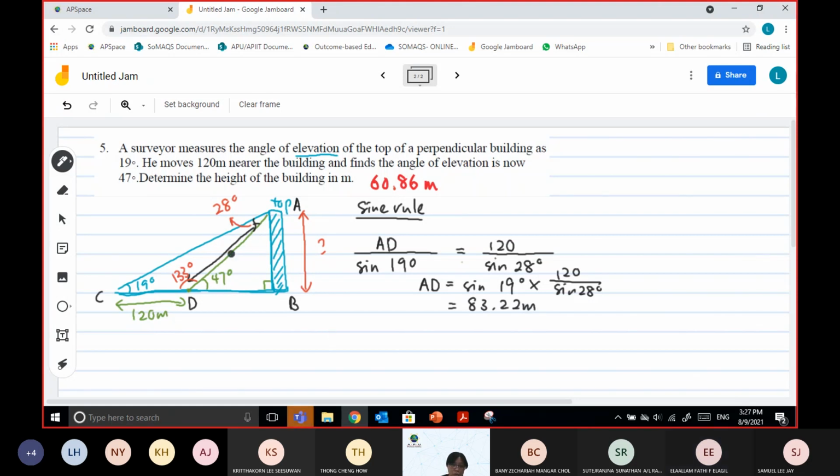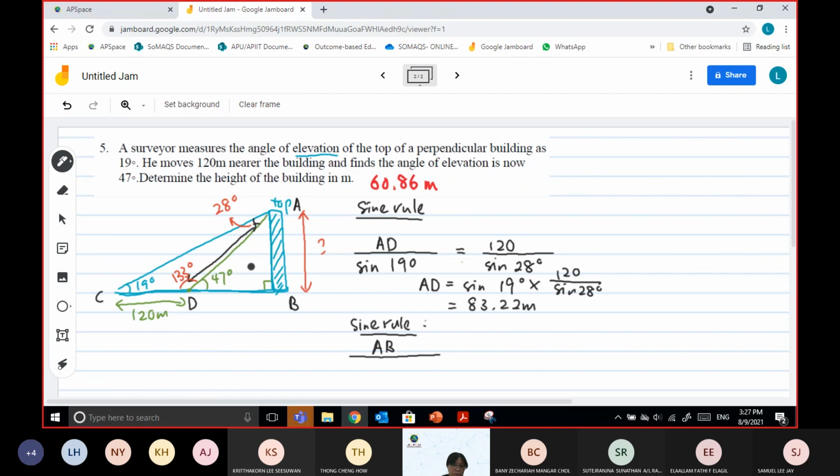So I get 83.22 meter for AD. Now I can use the sine rule to find the height. It's still the sine rule. The height will be AB.